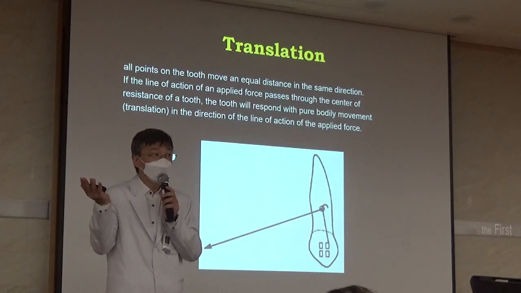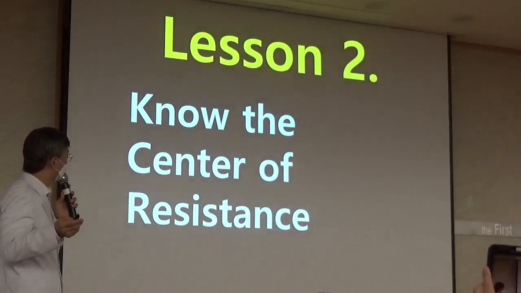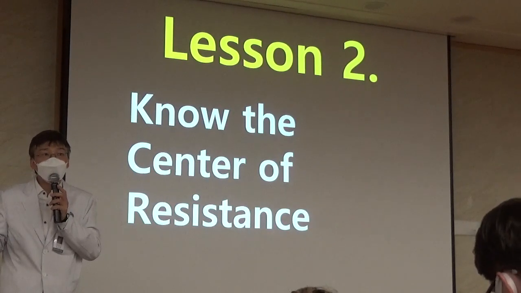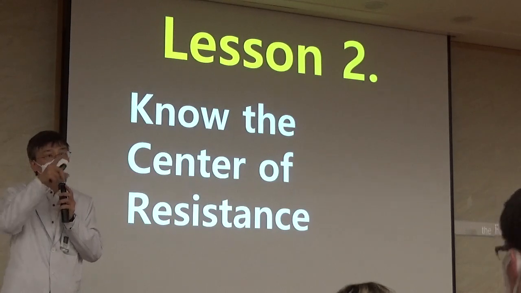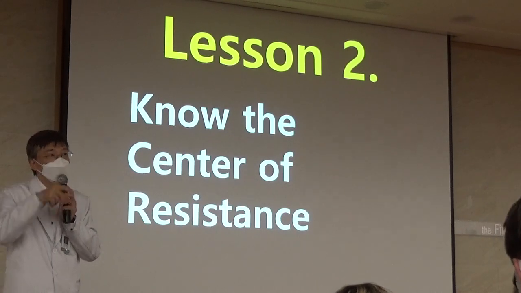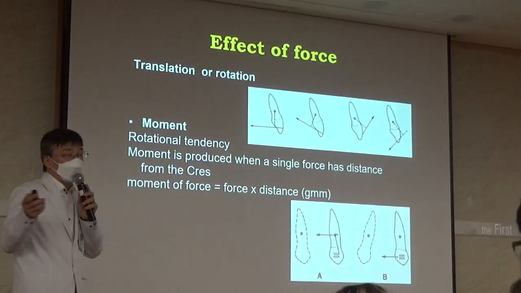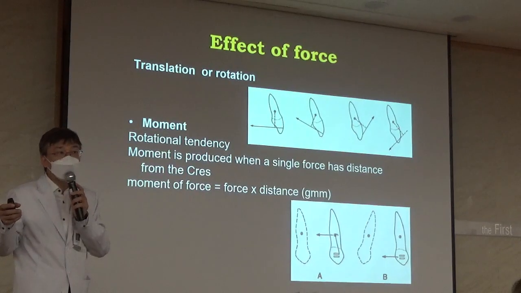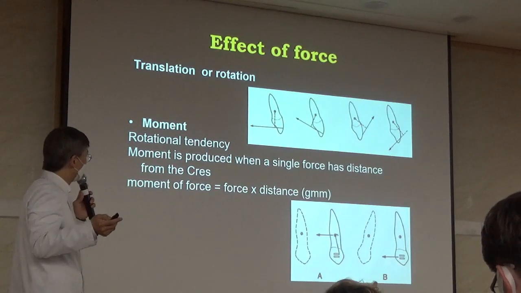Do you agree? And in order to apply this rule, you have to know the center of resistance. You know the center of resistance is at around the one-third position of each single-rooted tooth. And if the force goes off the center of resistance, it's going to rotate the single tooth. You know that very well.